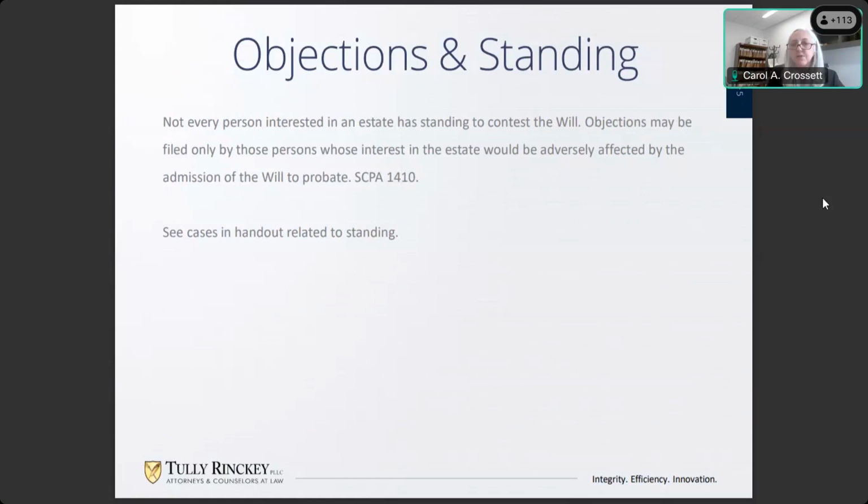We're not going to go over the qualifications under the SCPA related to the eligibility of executors and so forth.